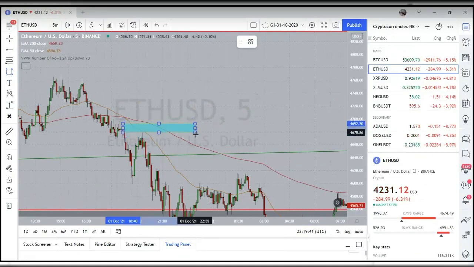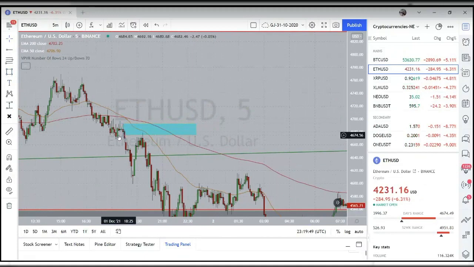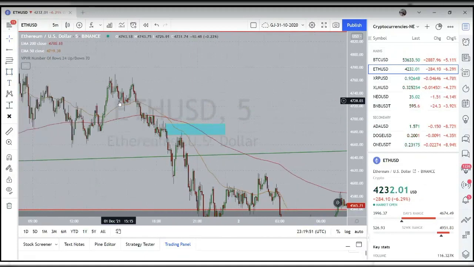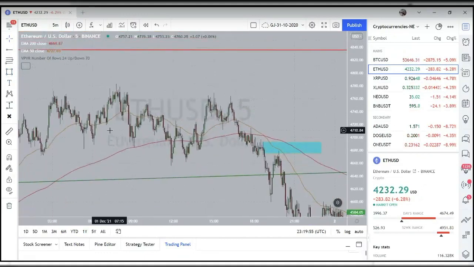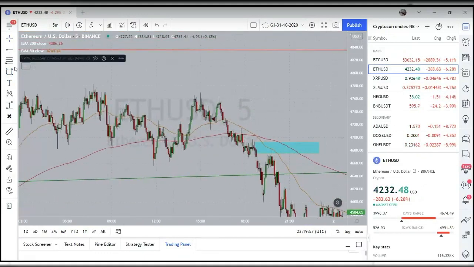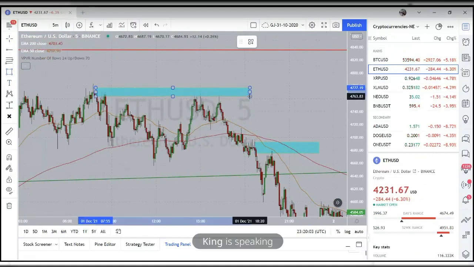Really you want an asset that sort of has a relationship to Bitcoin, whether it moves the same way or it moves opposite to Bitcoin, but something that you can say, okay, when Bitcoin's doing this, this should be doing that.